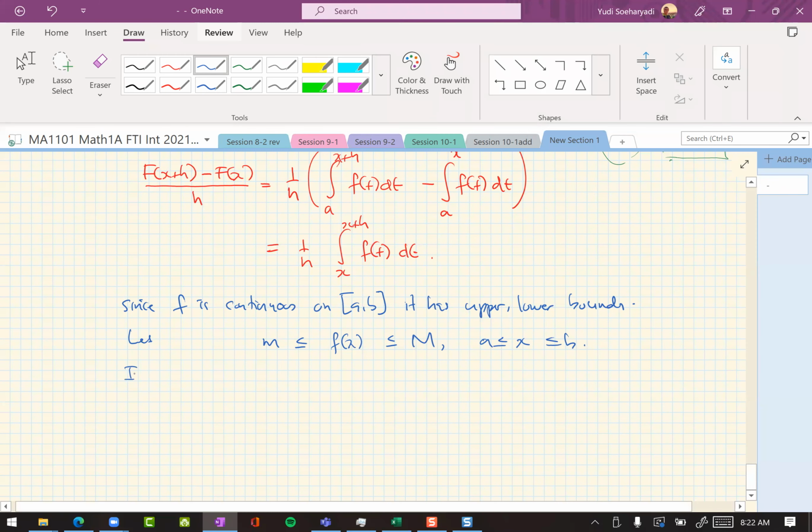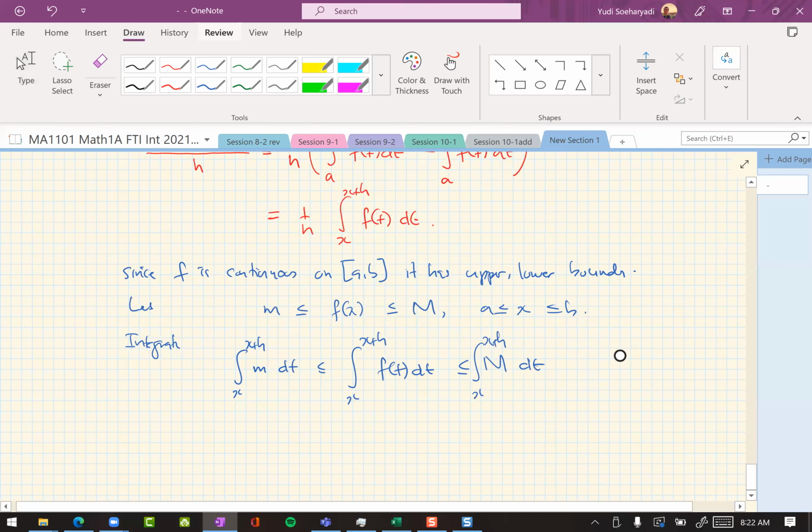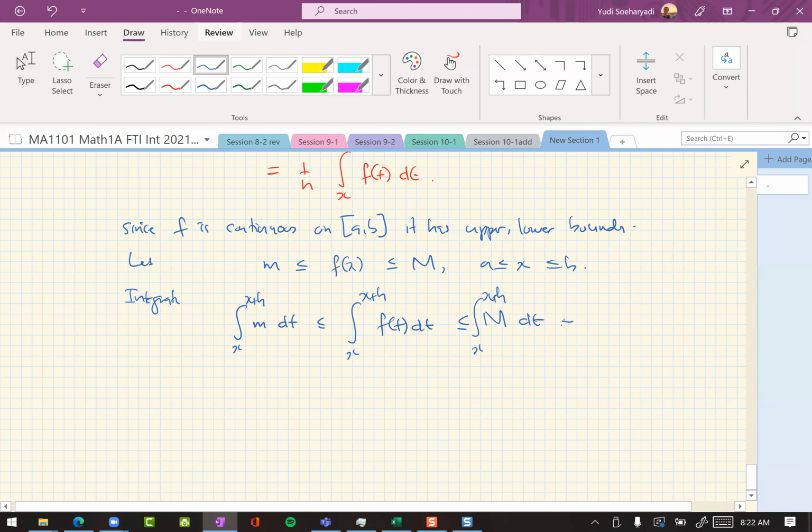So the integral from x to x plus h of m, less than the integral of f(t) dt, less than the integral of M. But this one is easy because this is a constant function.